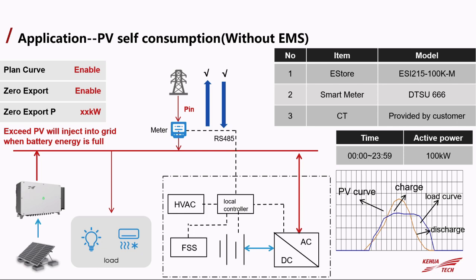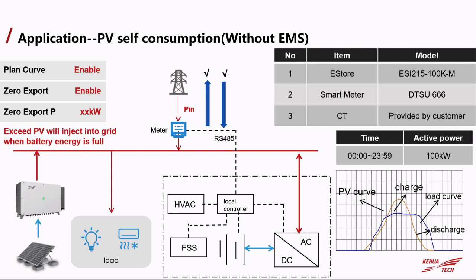In this application, if the PV energy is greater than the load, then the extra energy will be injected to the grid. Or if there is a limitation of the grid to not inject energy to the grid, then we will limit the inverter power. So the extra solar energy will be wasted.